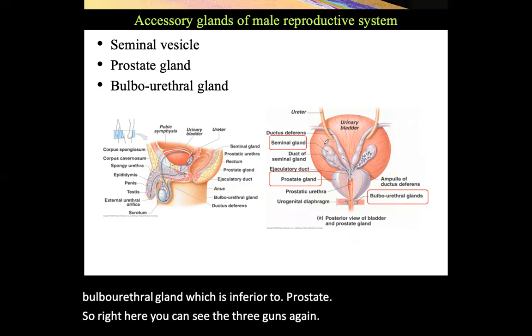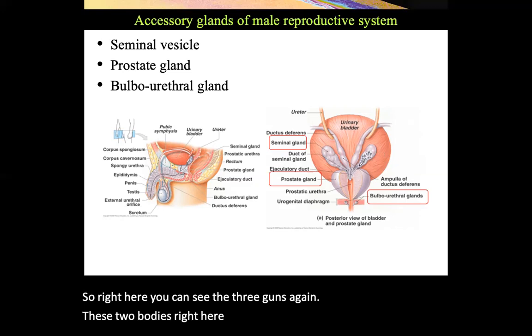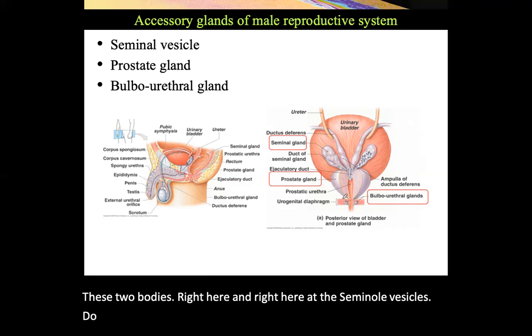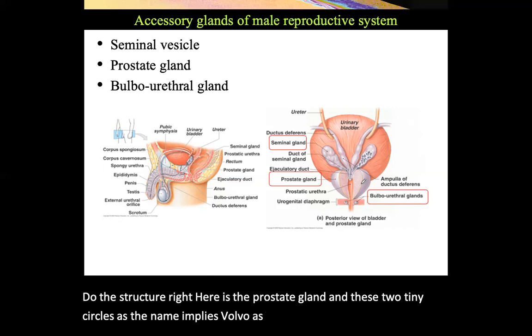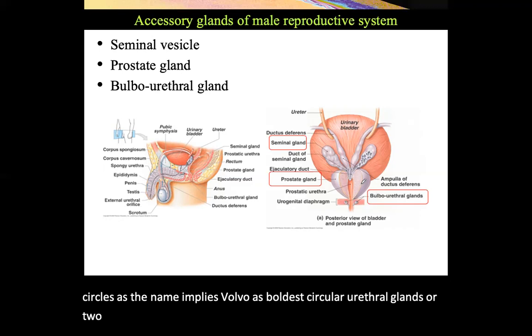These two bodies right here are the seminal vesicles. This structure is the prostate gland, and these two tiny circles, as the name implies, bulbous and circular, are the bulbourethral glands, two tiny accessory glands of the male reproductive system.